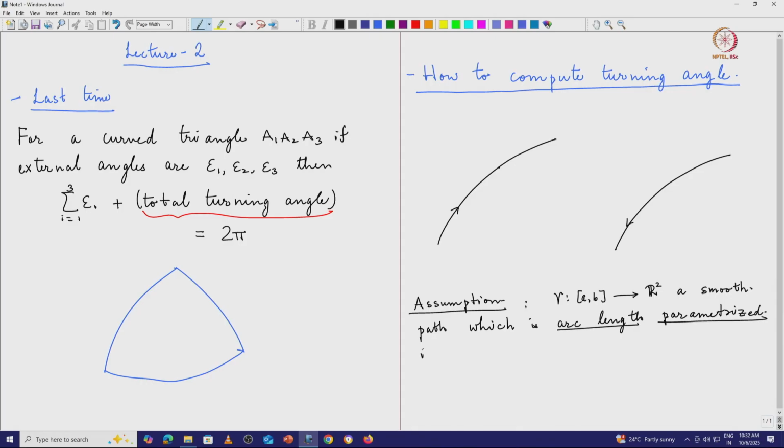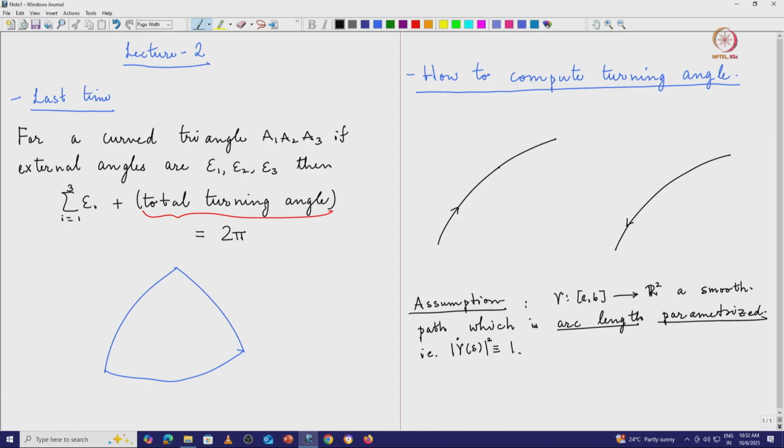What does this mean? This means that the speed of the curve is always going to be 1. This is going to be a curve with unit speed.